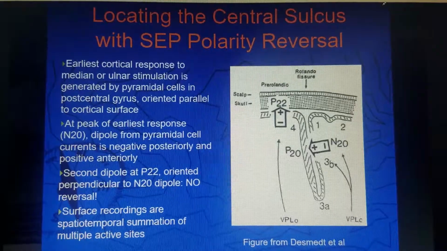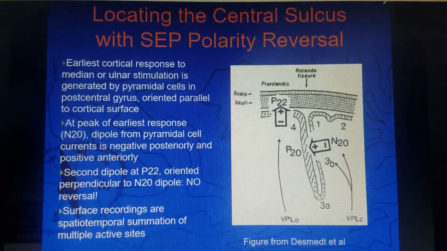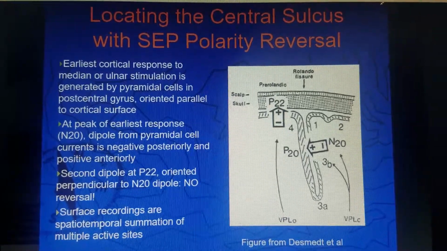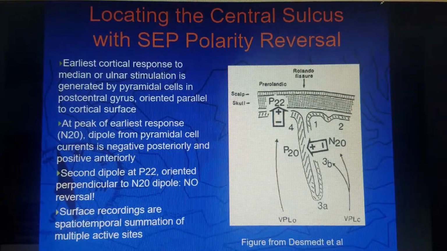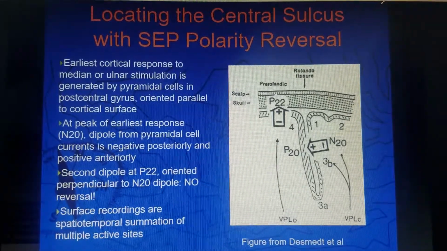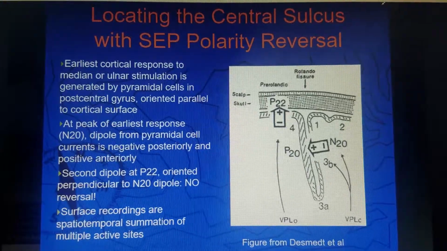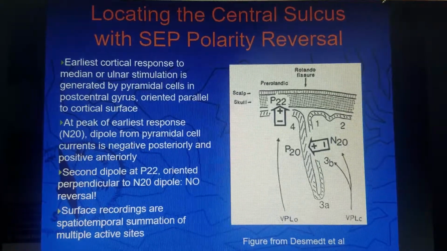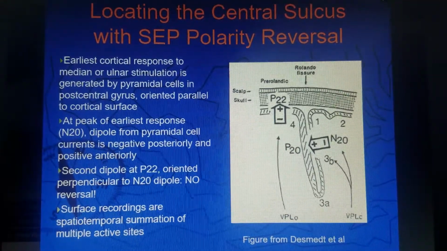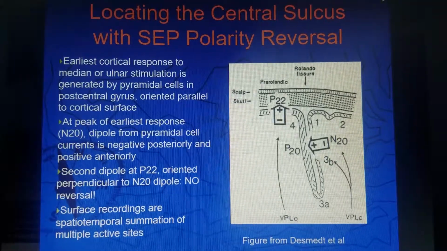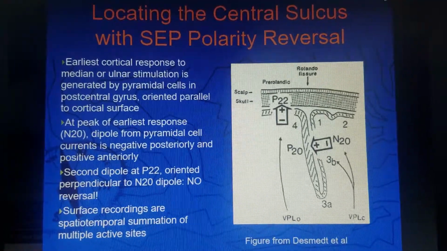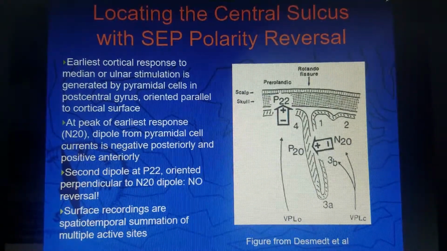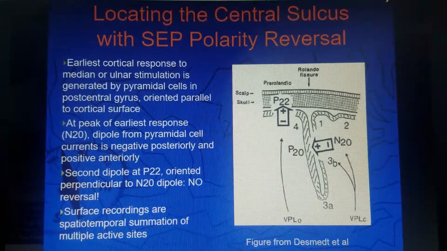So if you imagine either at the scalp or at the cortical surface, if you move an electrode along from posterior to anterior, you'll first see the negativity that's there posterior, and then as you move forward, you'll reach a point roughly where the slide says Rolando Fisher there, that is about halfway between, and the electrode will see both the negative and the positive in that dipole, which will cancel one another out, and so you'll get no recording at all, even though you are at that point as close as possible to be to the actual generator itself.